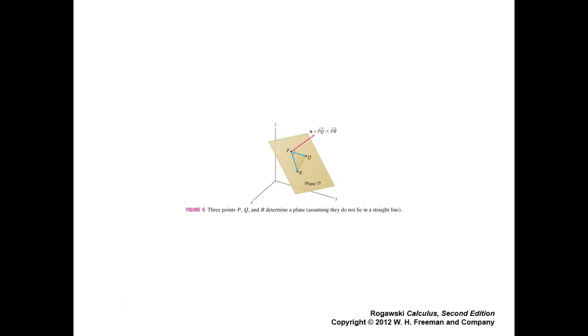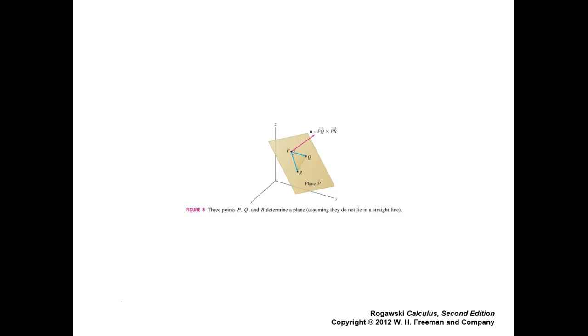Now let's step back to 2-space again. How many points did it take to define a line? 2. You've got to have 2. Now, if you had 3 that were not on the same line, that basically defines the whole plane, or spans the whole plane. So basically what you need is 3 points that are not on the same line.